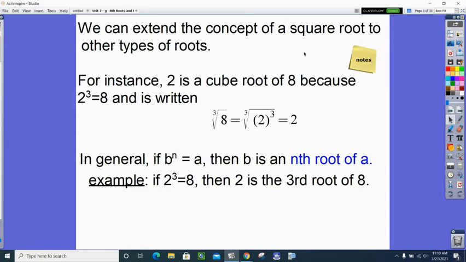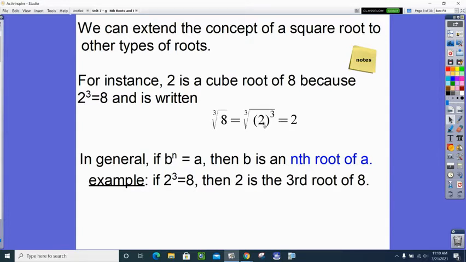Okay, so we can extend the concept of square roots to other types of roots. For instance, now I'm going to put a 3 in there. I'm going to take the cubed root, the third root. So no longer am I looking for identical twins. I'm looking for triplets. What number to the third power gives me 8?